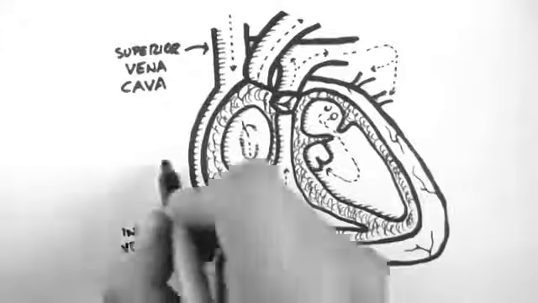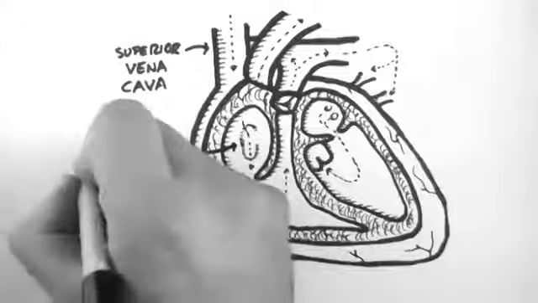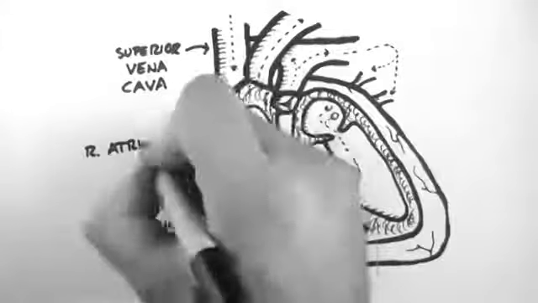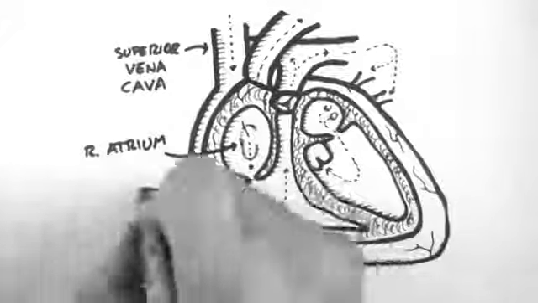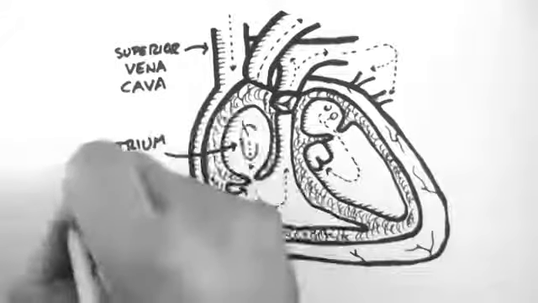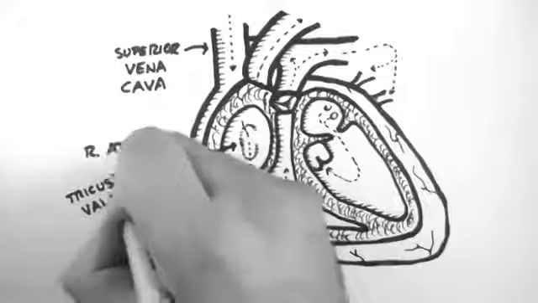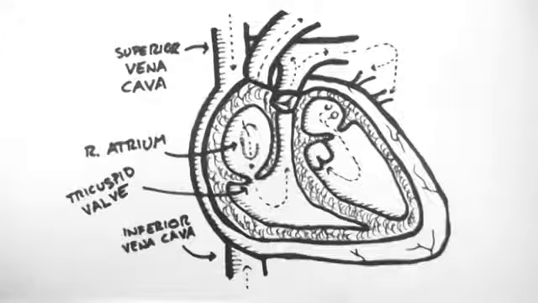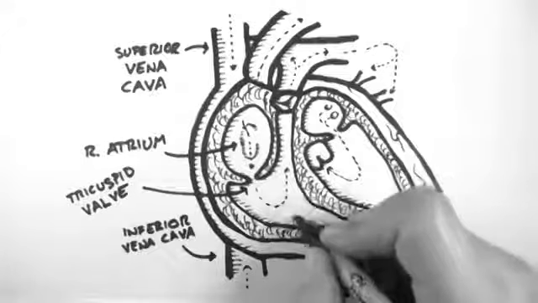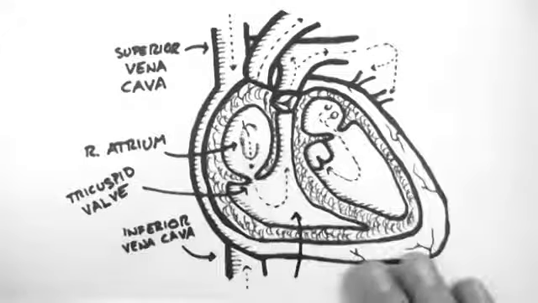The blood from them goes into the right atrium, and that's this chamber of the heart here. Then it moves through the tricuspid valve. It's named tricuspid because it has three cusps, into the right ventricle.